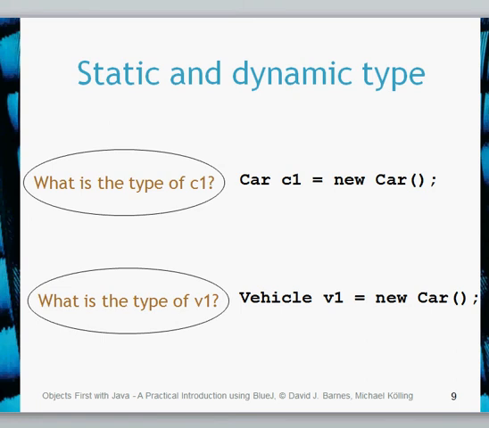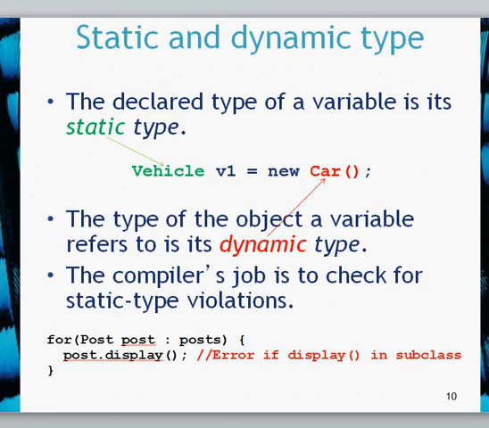So what we do is we use this idea. The declared type is the static type, so in this case it's going to be Vehicle v1. That is the static type. However, if it gets assigned with a subclass or another kind of type below it in the hierarchy, that's a problem. So we call the second part the dynamic type.